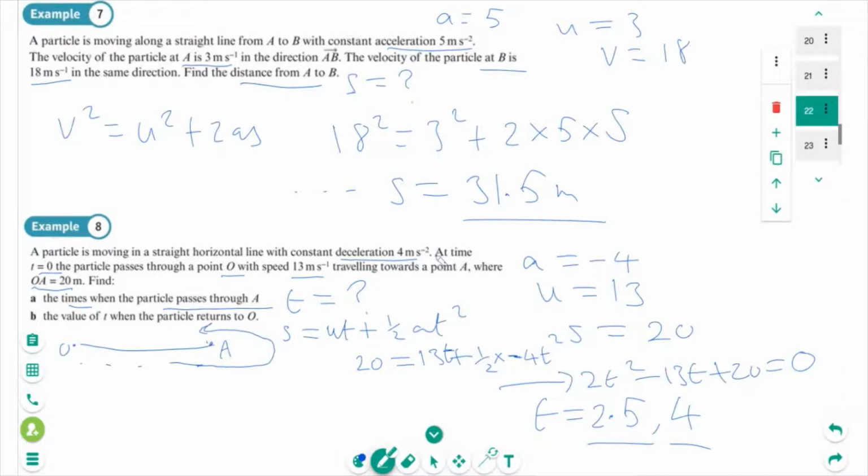So after 2.5 seconds it reaches the point A and continues on its journey, then it turns direction. In total, after 4 seconds, it will pass through the point A again. So it passes through the point A at 2 stages, after 2.5 seconds and 4 seconds. 2.5 seconds is on the forward journey, and 4 seconds is on the return journey.